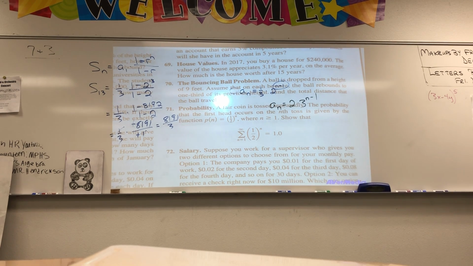The key to number 69 is, what is R? R is not 3.1. R is not 0.031. I'm lost. It does have a 3 and a 1 in it, so it does come from the 3.1.